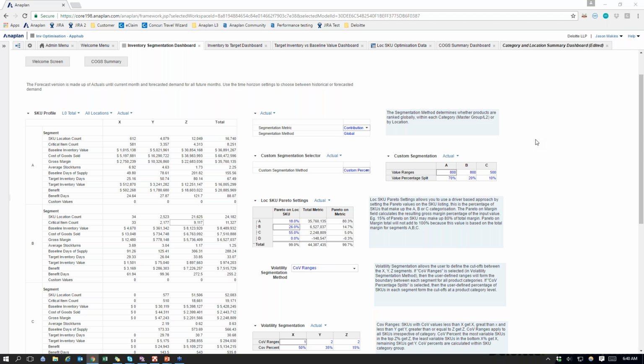Great. Another question here: how does this scale for different sized businesses? I can take that one. What we found is when we're looking at really large businesses, we've had at least one client since we first built this app who had a couple of 100,000 SKUs across 200 locations.